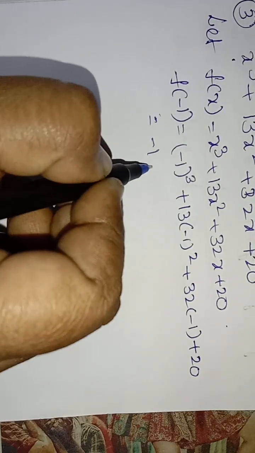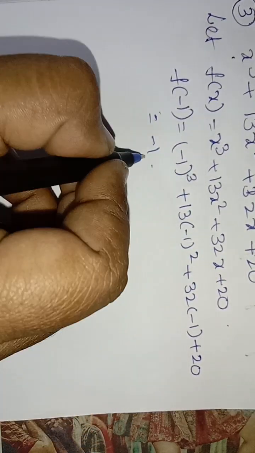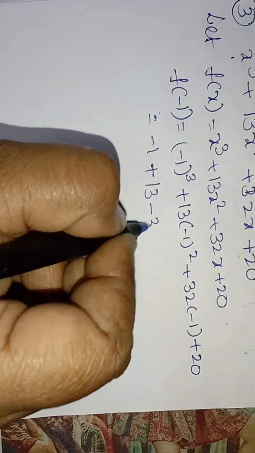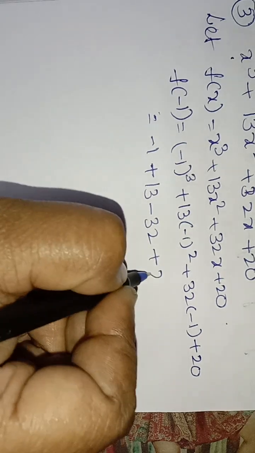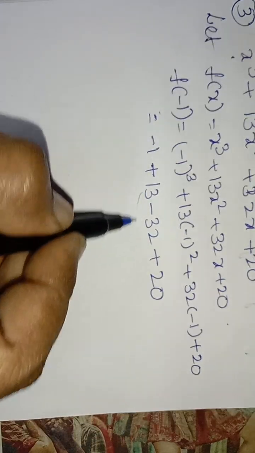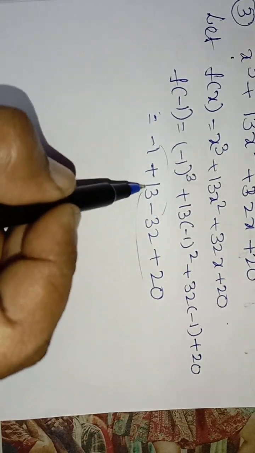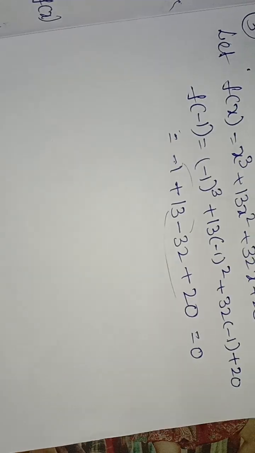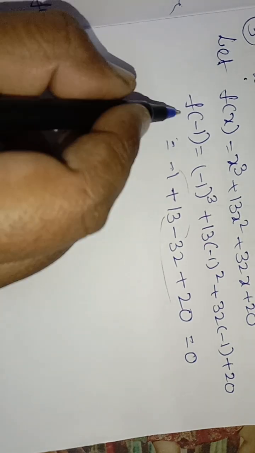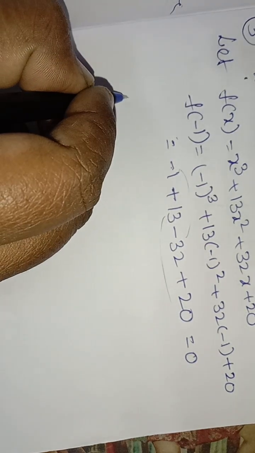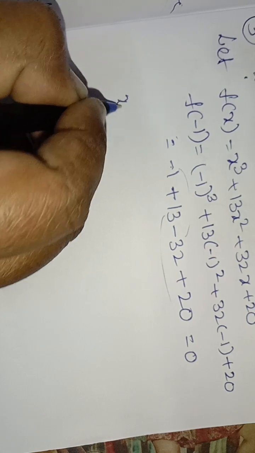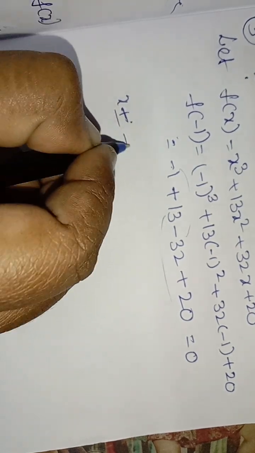Minus 1. This square becomes plus 1. So it is plus 13 only. Minus 1 into 32, minus 32. It is plus 20. Right? So add these two. Minus 33 and plus 33 becomes 0. Right? So one of the factors is minus 1, means x plus 1, x equals to minus 1.